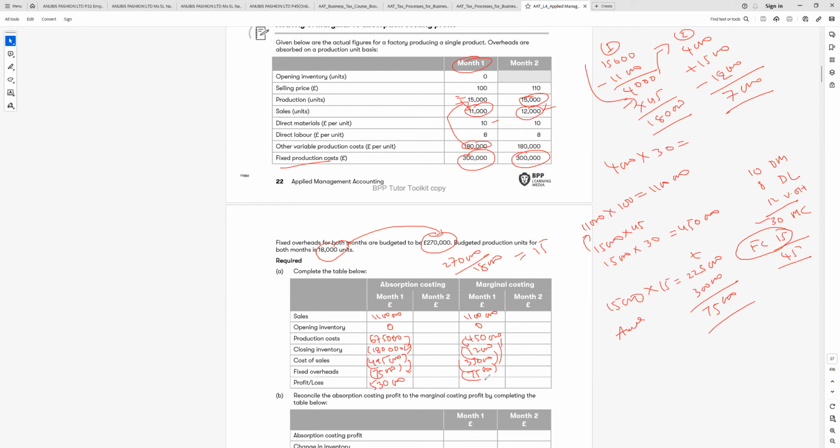And for the marginal, we need to minus our fixed cost. So the fixed cost we have here, this is actually not here, so we can take it out. It should be month number 2. Remember that overhead absorption is only for the absorption; under or over absorb is only for the absorption.